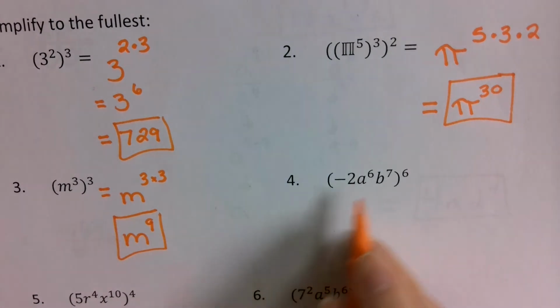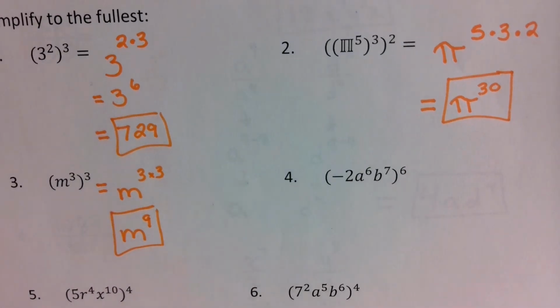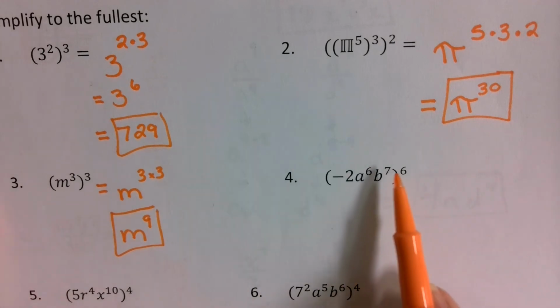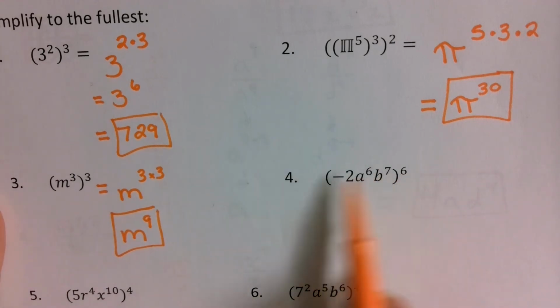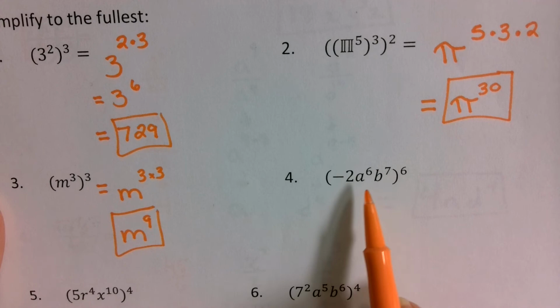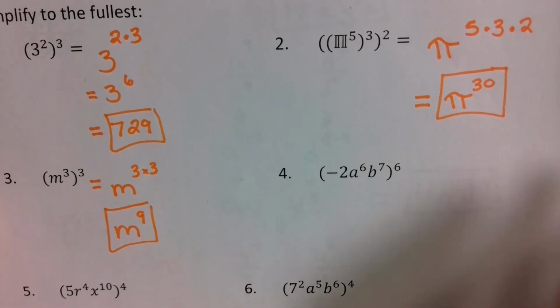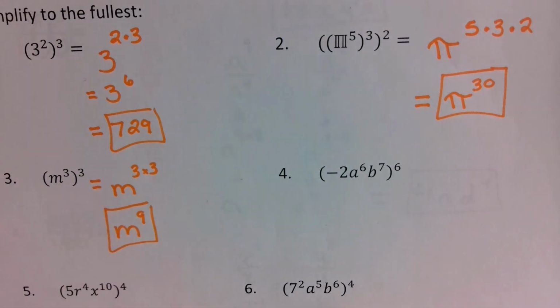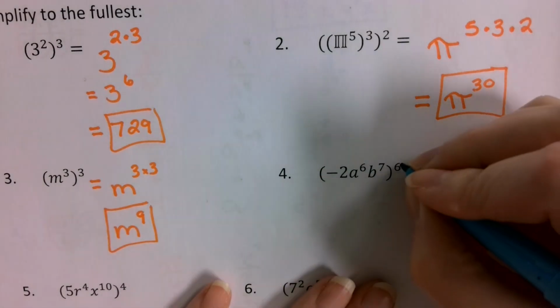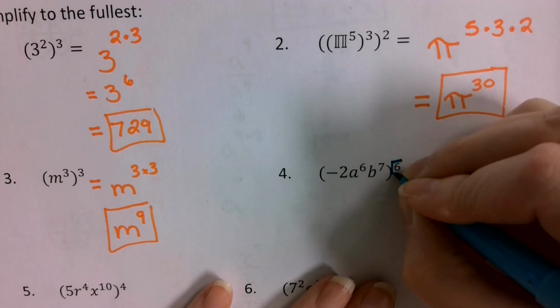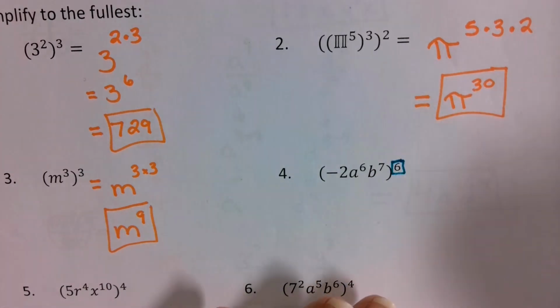Okay, now for problem number 4, we have more than one base, but we still have parentheses around that entire clustering of powers and it's all raised to the sixth power. So again, you're going to split this up into separate problems, but what you're going to do is take this exponent, this 6, and distribute it as multiplication.